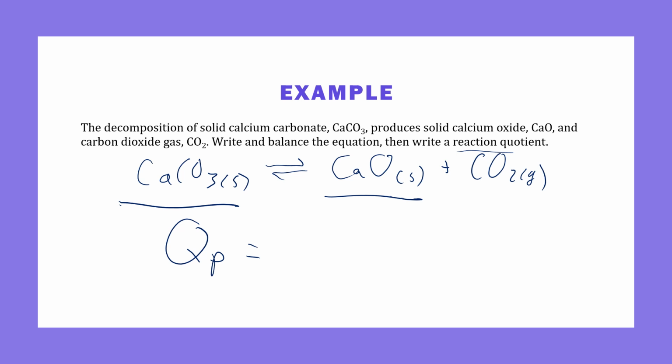They still need to be there for that reaction to happen, but their amounts do not affect the value of the reaction quotient or the equilibrium constant. So the only thing that we're going to wind up including is the CO2. So for Qp, it winds up just being the pressure of CO2, and there's no coefficient, and you have nothing on the denominator. And that's okay. So our Qp expression is just the pressure of CO2, and that's it.